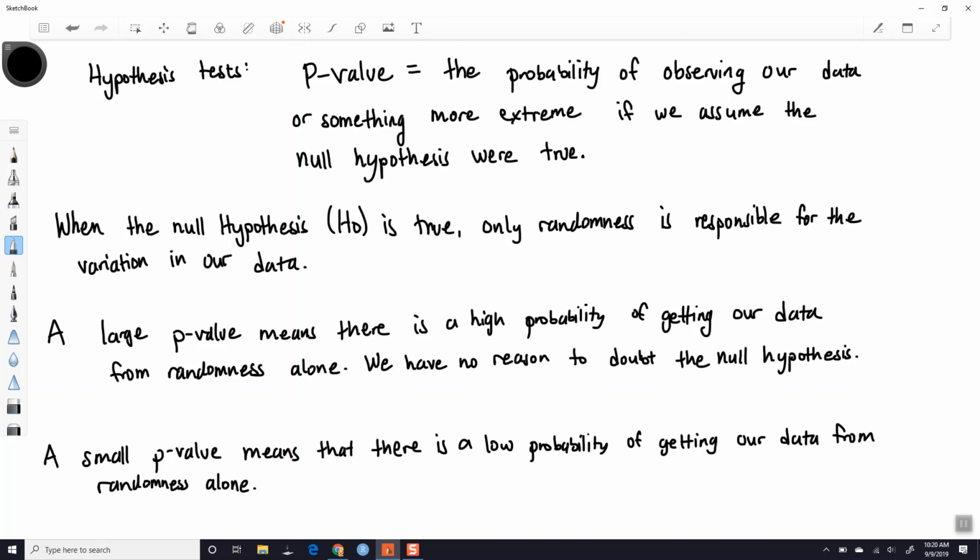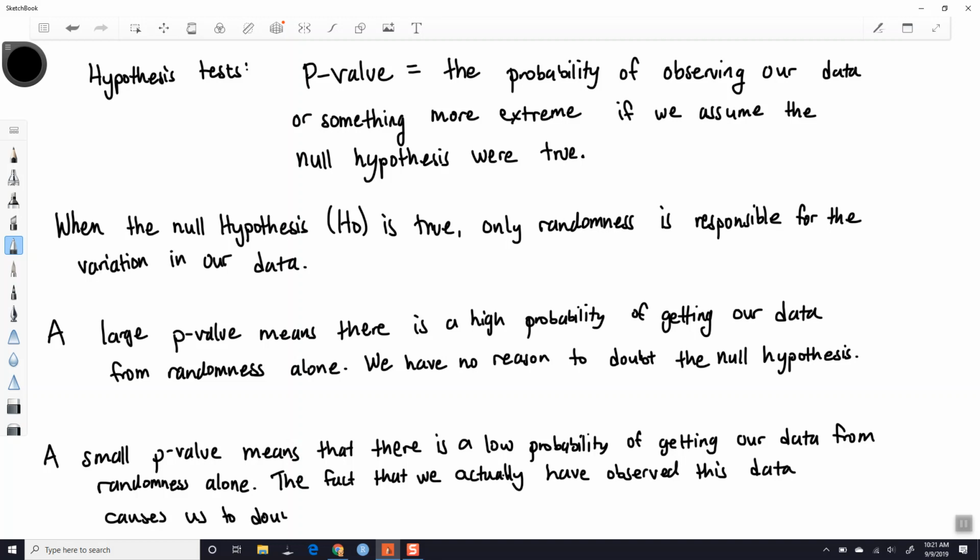And therefore, the fact that we actually have observed this data causes us to doubt the null hypothesis, because the null hypothesis says that randomness alone is what produced our data.